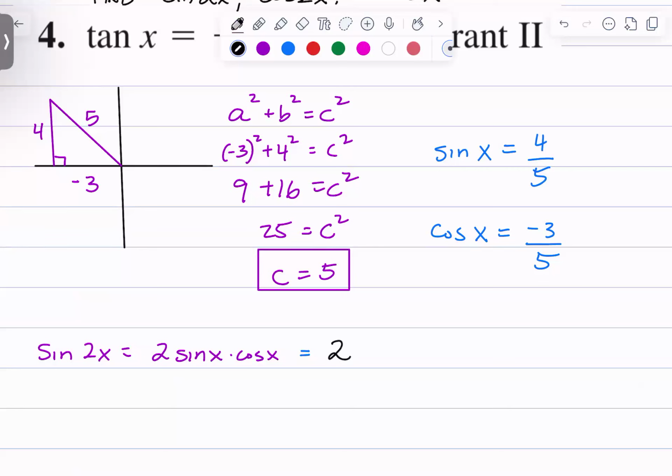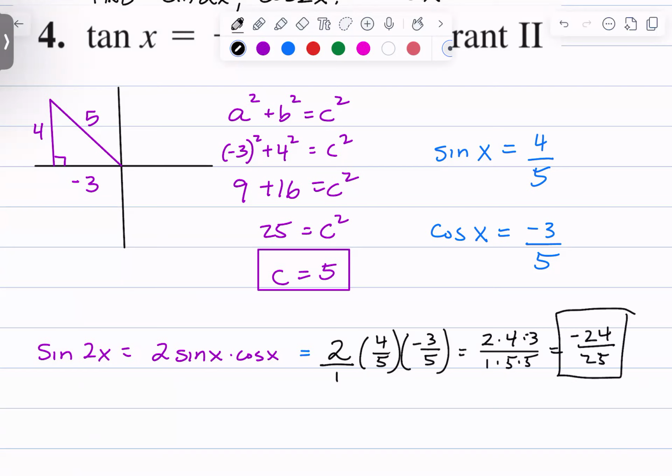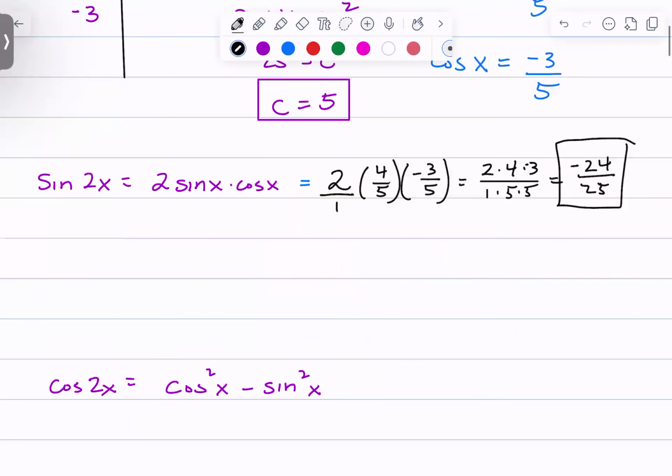So it's going to be 2 times sine of x, which is 4/5, times cosine of x, which is -3/5. And then we just do the math, right? So this would be 2 times 4 times -3 over 1 times 5 times 5. That would be -24/25. That's it. So we just plug it in and we see what we get.